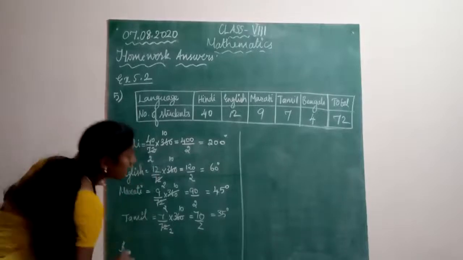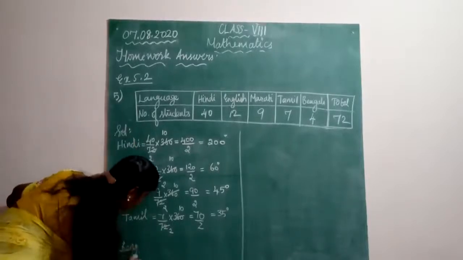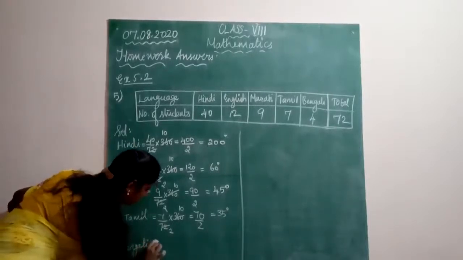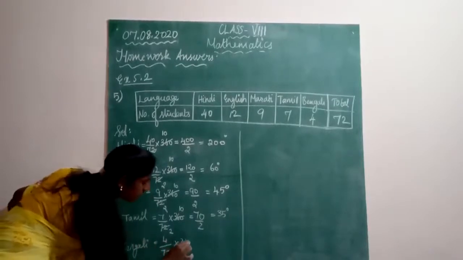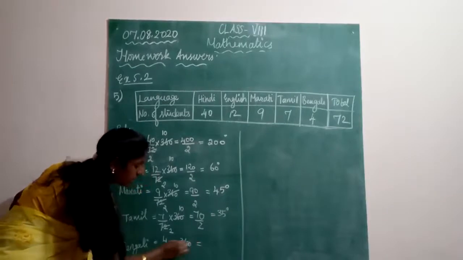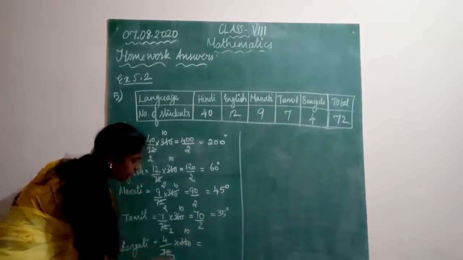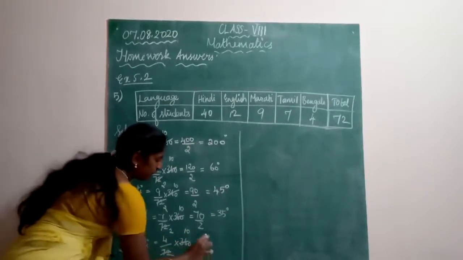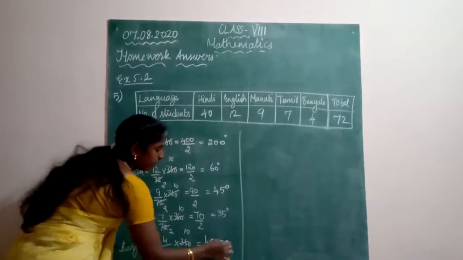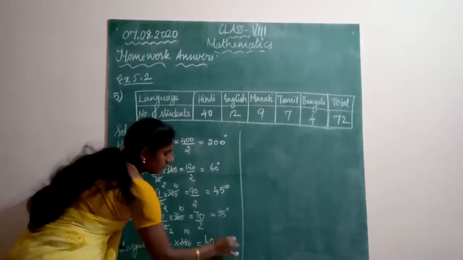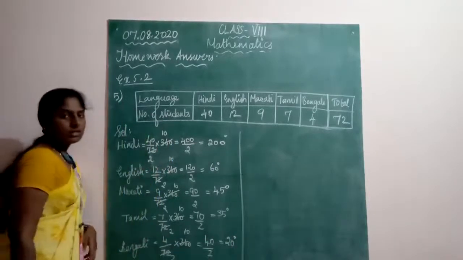So you will have 4. Okay, so 4 by 72 into 360, that is nothing but 10, 2. So you will have 40 by 2, and that is nothing but 20 degrees. So is this clear for all of you?